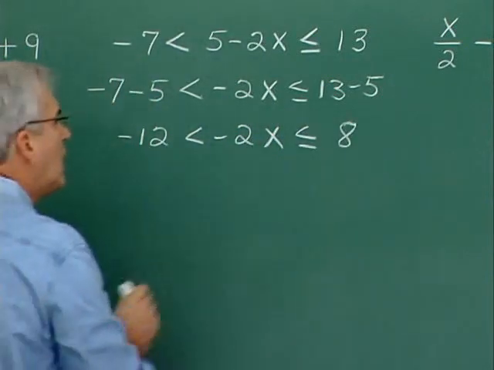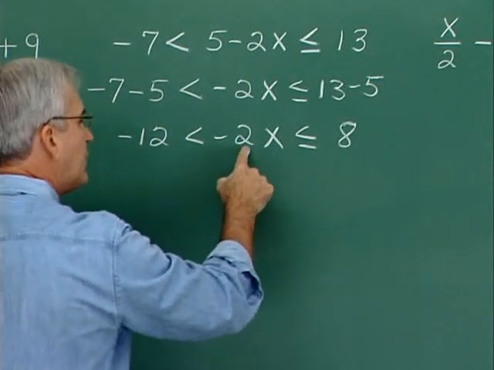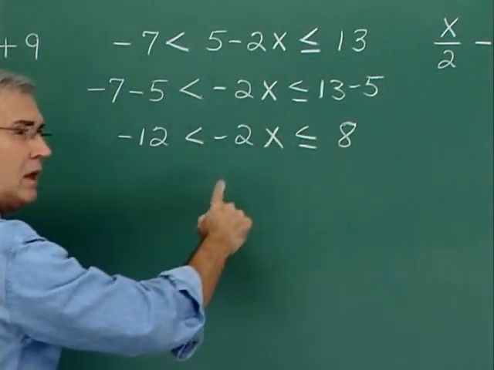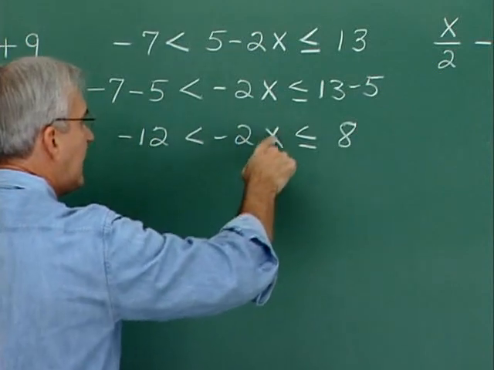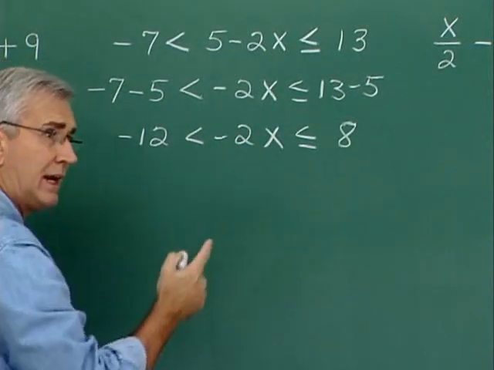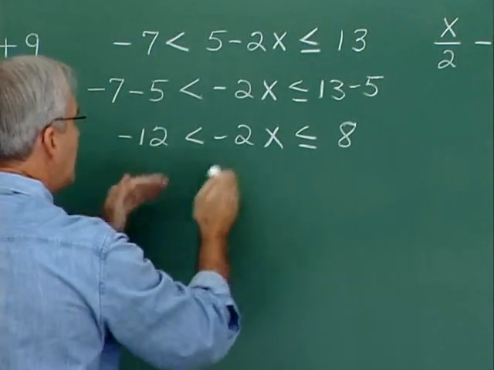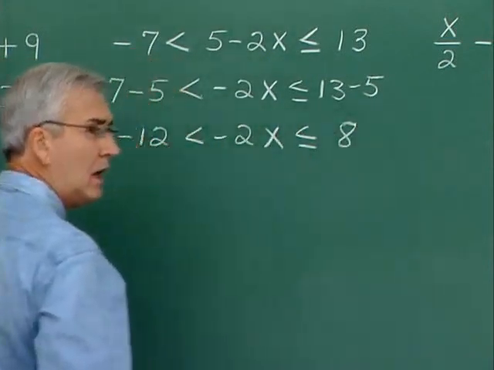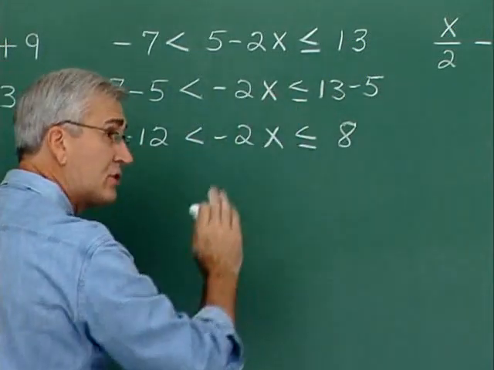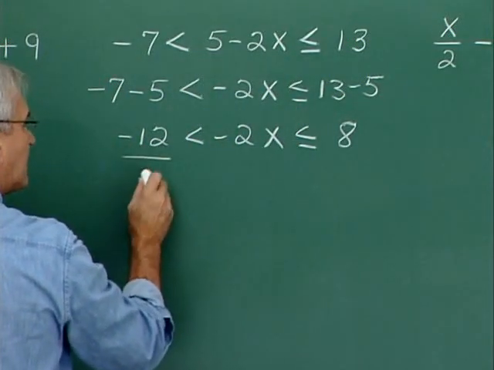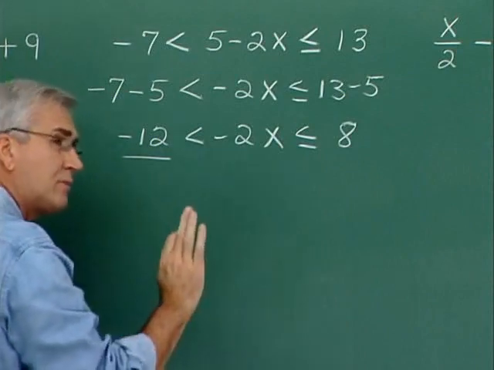Now we need to divide by -2 to isolate the x in the middle. But rather than just divide by -2 on both sides of the inequality, we actually have 3 parts here where we have to divide by -2. We're dividing here, here, and here. A good way to show it once we made the decision to do that is to just say we're taking this and dividing by -2. But let's be careful.